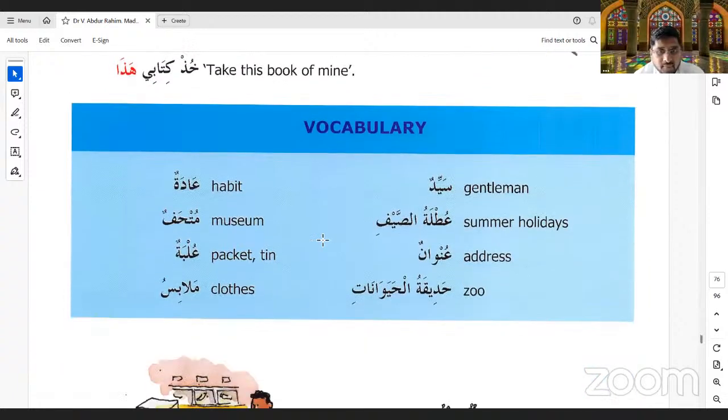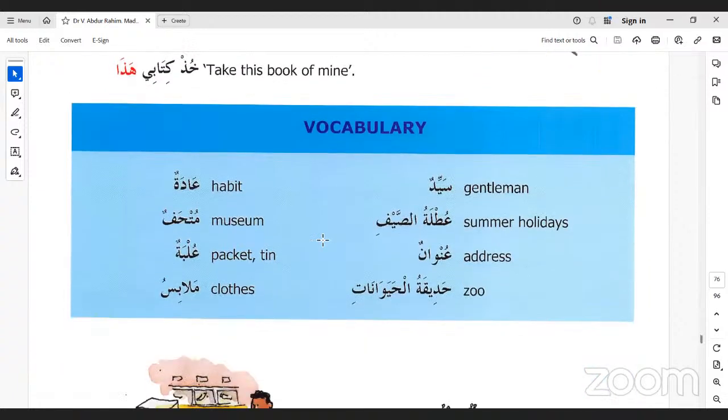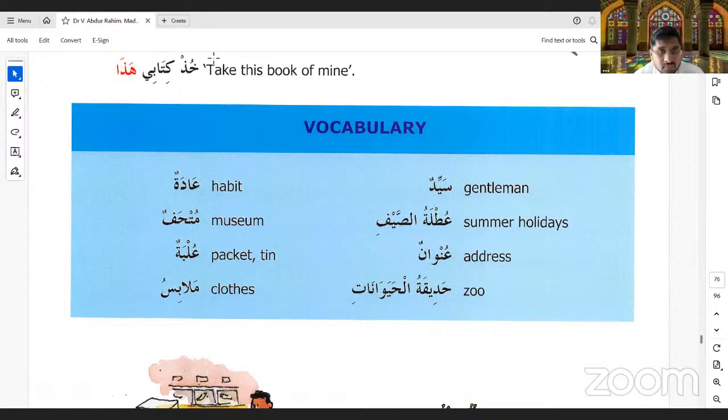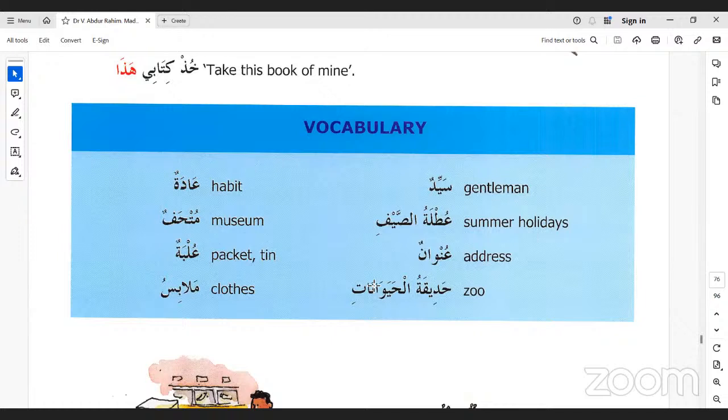Sister Sadiqa, are you there? Sister Sadiqa, we can't hear you yet. Okay, she may have some issues. Sister Tahira, continue with the vocab. Okay, thank you, Sheikh. Adatun, habit.